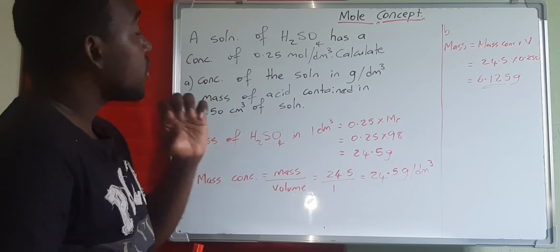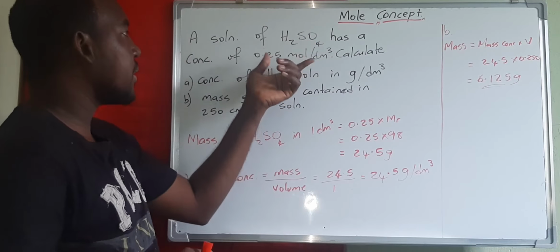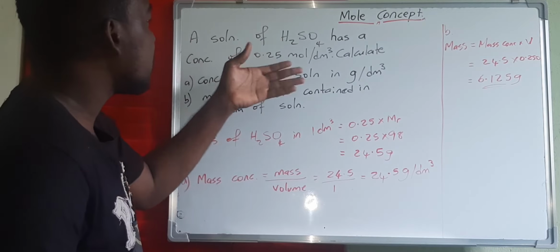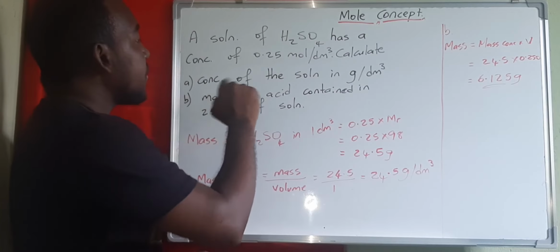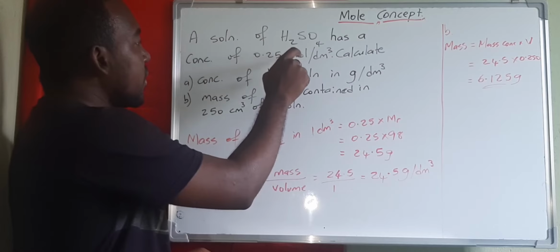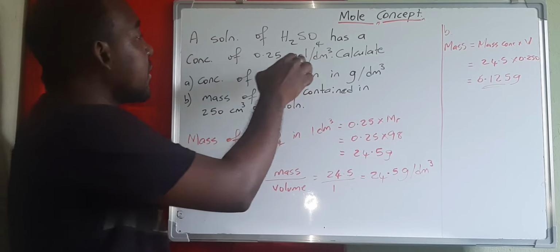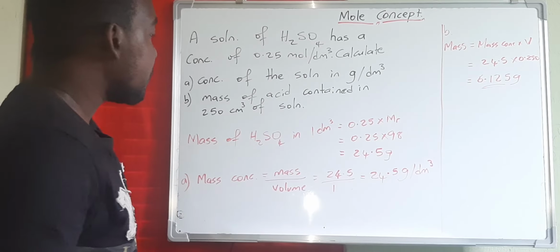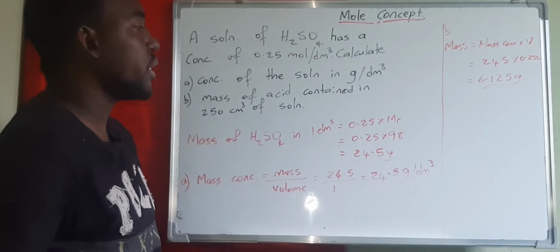We should note here that we have the acid, and it gives us the molar concentration to be 0.25 mole per dm cube. What this value tells us is that for every 1 dm cube of the acid, there is 0.25 mole.